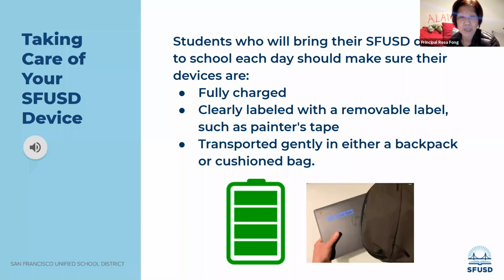Some of our special education providers are also staying remote. So if your child has those services, during their time at Alamo they would need their laptops.